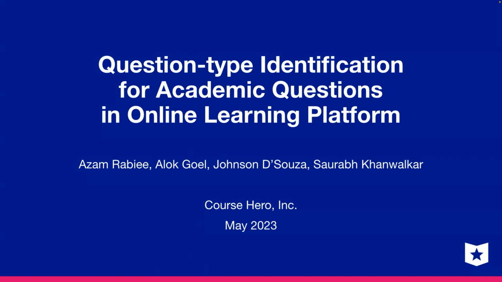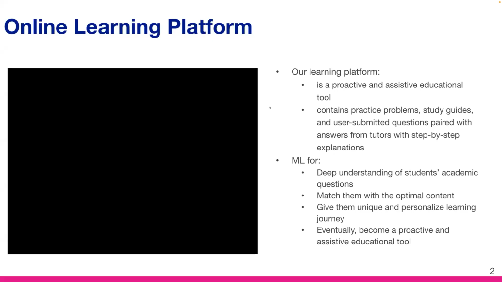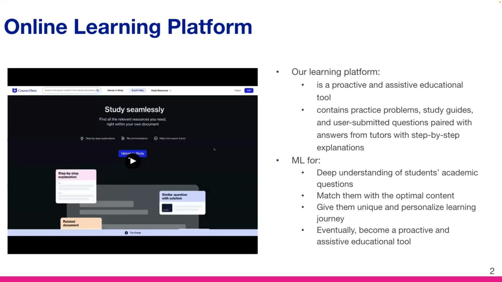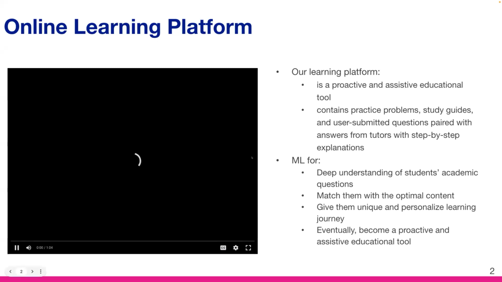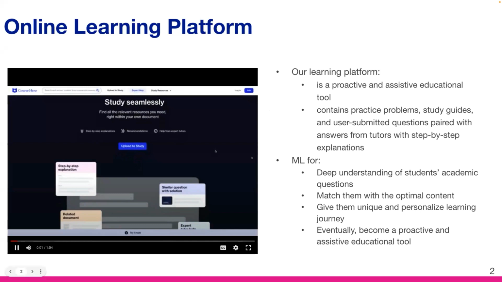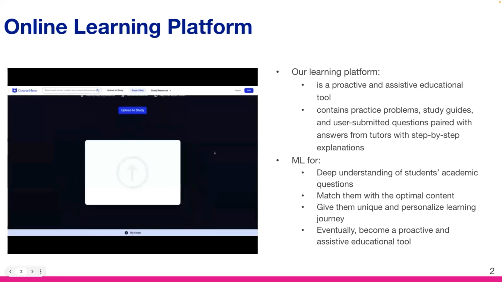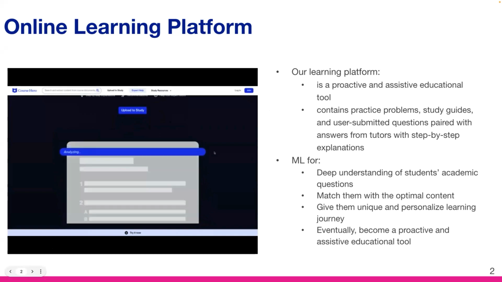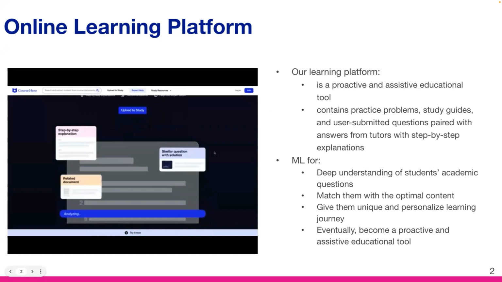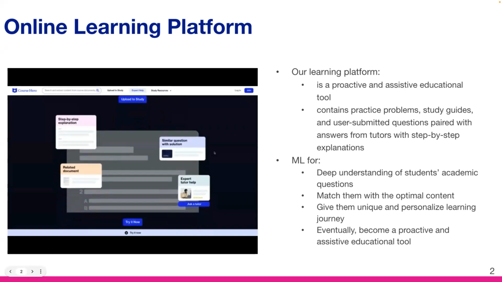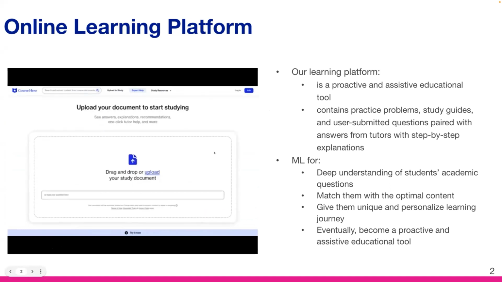Okay, great. So in Course Hero, our platform is a proactive and assistive educational tool, and it contains practice problems, study guides, and user-submitted questions paired with answers from tutors with step-by-step explanations.